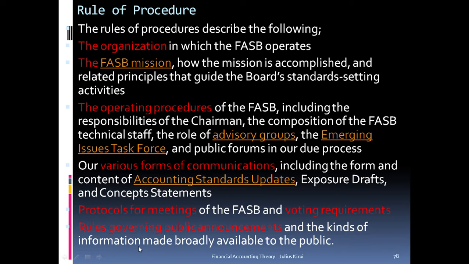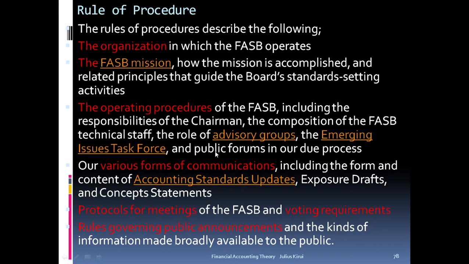And then finally, the rules governing publication, public announcement, and the kinds of information made broadly available to the public. So again, we need to know which kind of information will be provided to the public. Which information will reach the public is very important, and that's why rules of procedure are necessary.